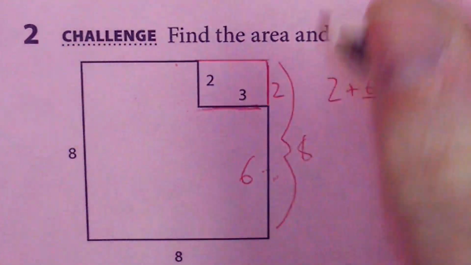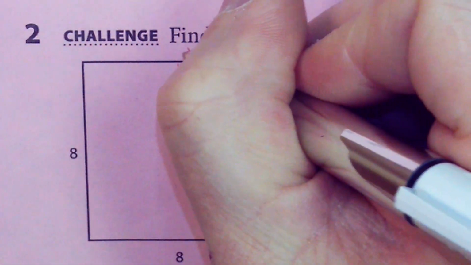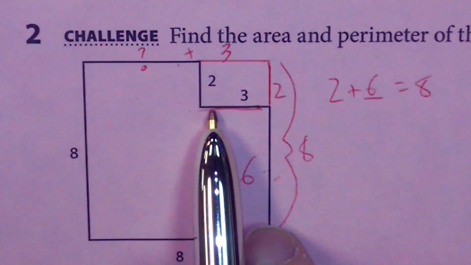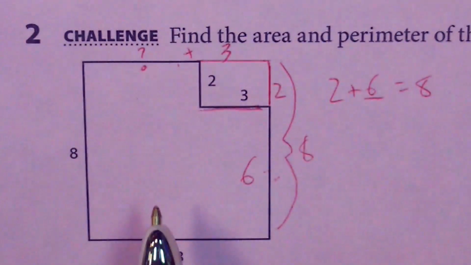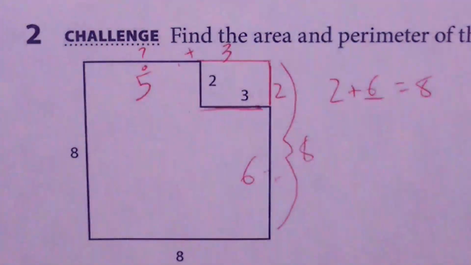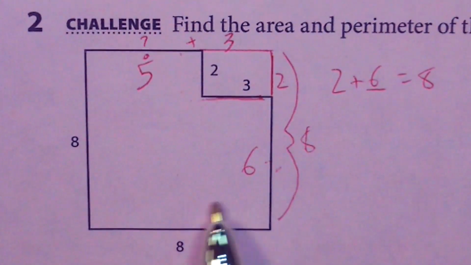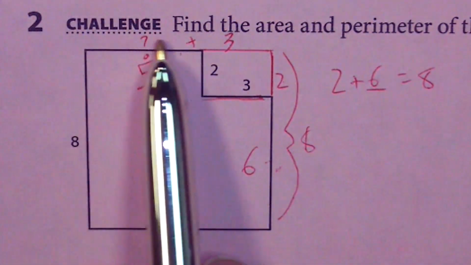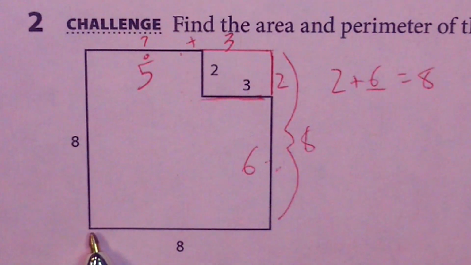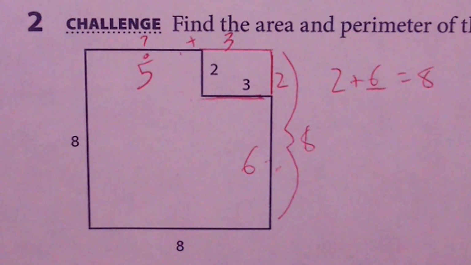So what I could say is 3 plus whatever this is equals 8. 3 plus what is 8? 3 plus 5 is 8. So this has to be a 5. Now when I go to find my perimeter, I can add 8 plus 5 plus 2 plus 3 plus 6 plus 8, and I'll have the perimeter.